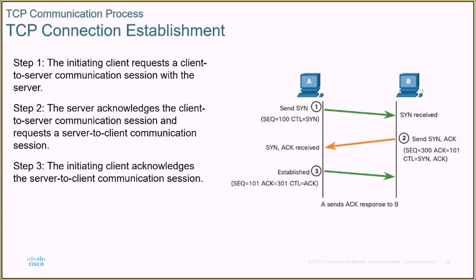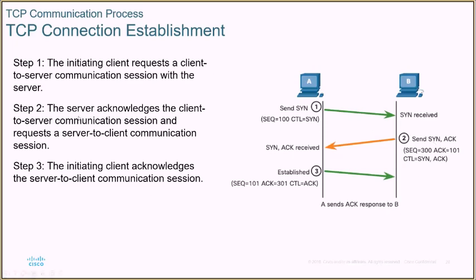I might have mentioned it previously. And so the initiating client requests a client to server session with a server. And that is what's called a SYN packet, which is short for synchronize. That's one of those control flags in the TCP header. There's a bit there that if you set it, that means this is a SYN packet.